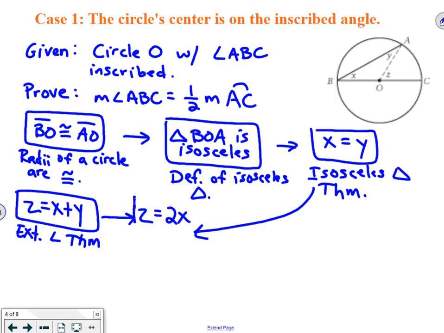I'm actually doing two things here in one step. I'm substituting x for y, so that's substitution, and I'm combining like terms. You definitely could represent these as two separate steps. I'm just trying to be as efficient as possible, so I put them into one step with two justifications.